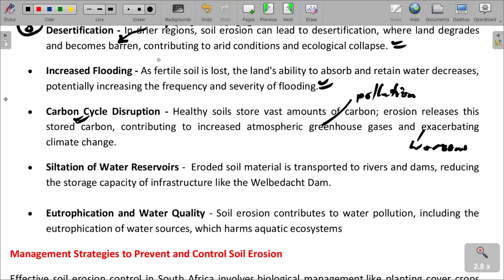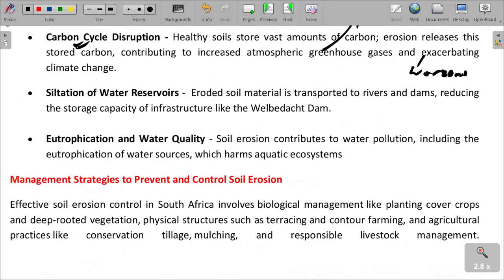It worsens climate change, which also contributes to environmental degradation. And then siltation of water reservoirs, we have already mentioned that one. It has been discussed: the transportation of soil materials into rivers and dams, reducing their storage capacity. And also, we have examples of typical dams in Mzansi, in South Africa.